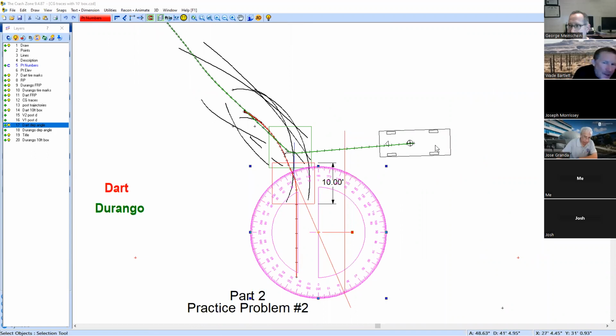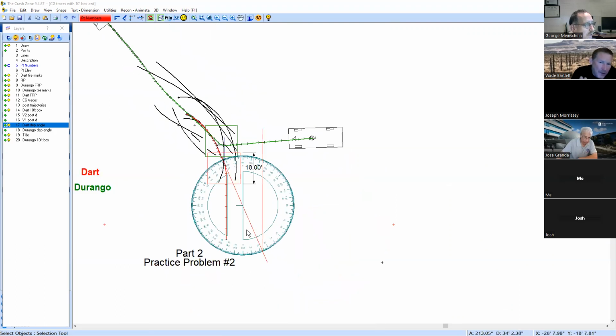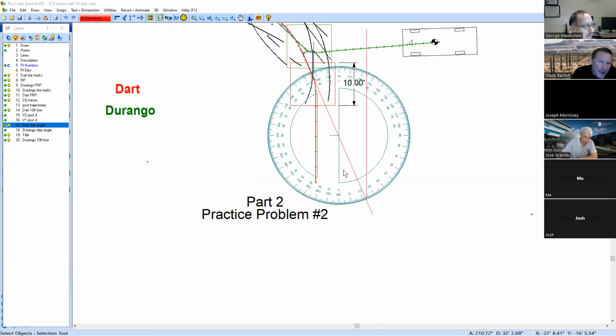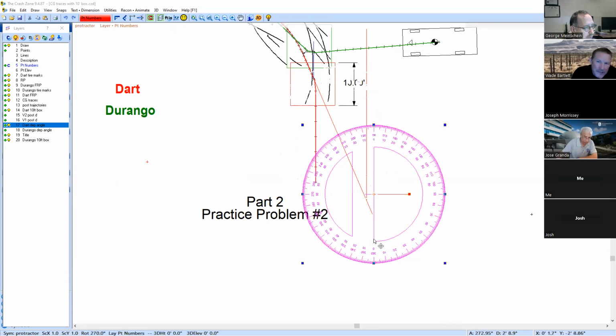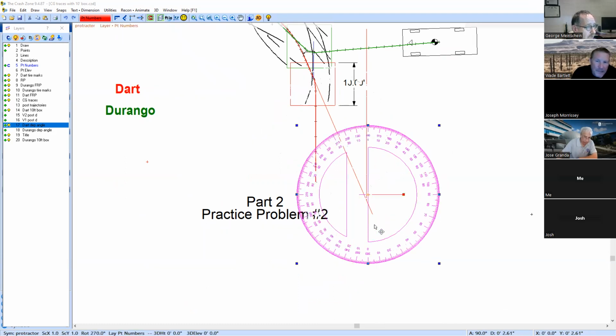No, before you leave that, one of the things you can do if you want to feel more comfortable is put the center of that protractor at the intersection in the lower center where your vertical red line and your angled line are. That may be easier to visualize as a way of measuring the angle.